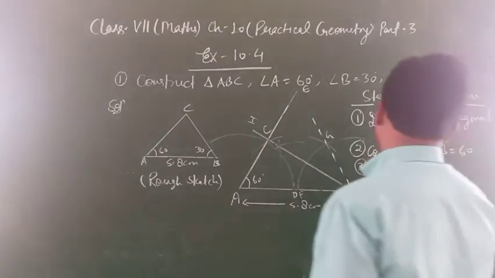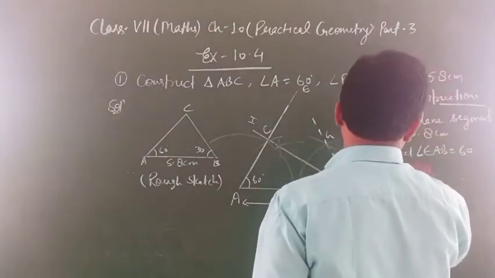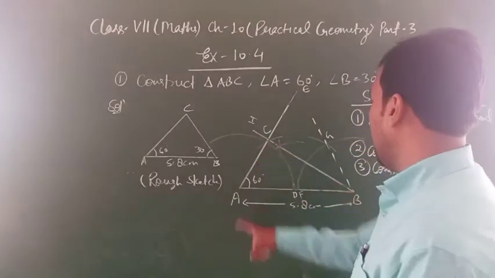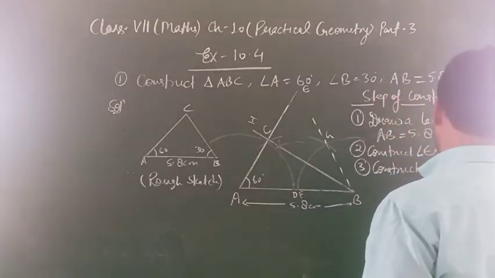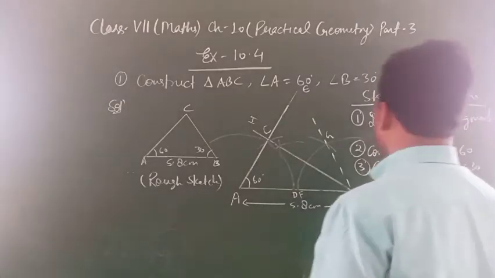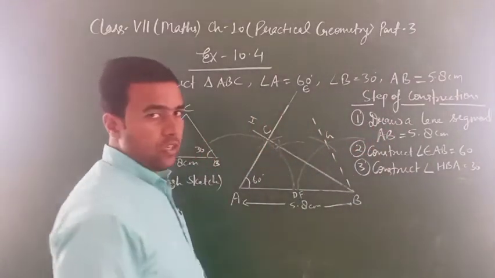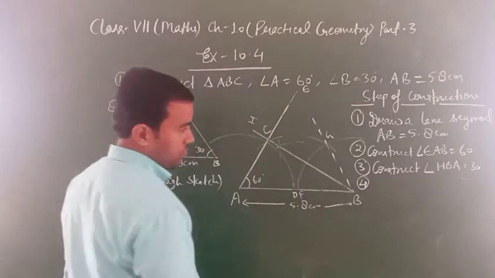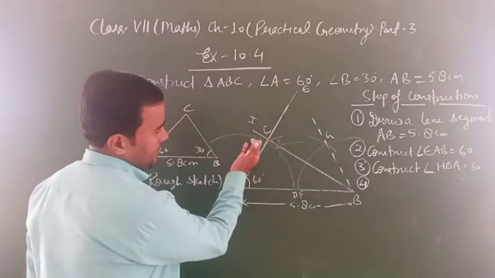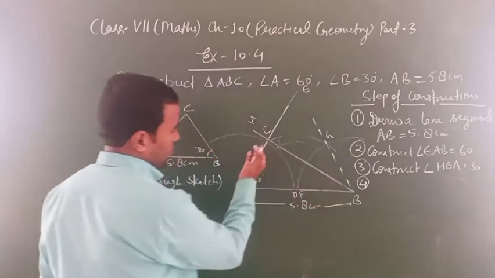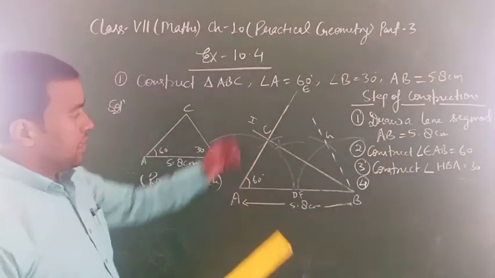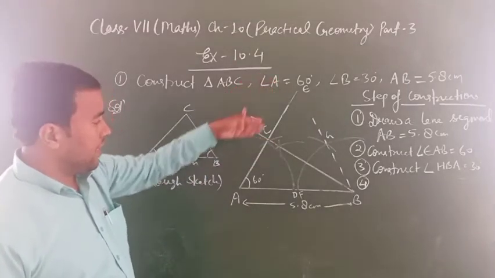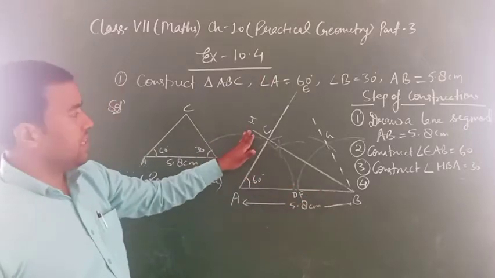The third step we will write: construct angle HBA. HBA equal to 30 degrees. Clear? The last fourth step, then join CB and join C. It is an intersect point of the AE line and the BH line.